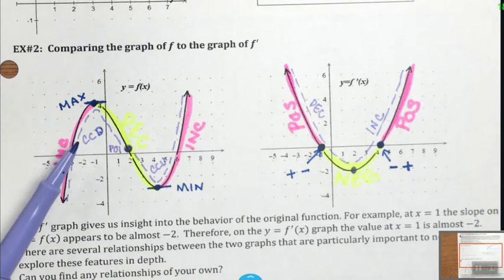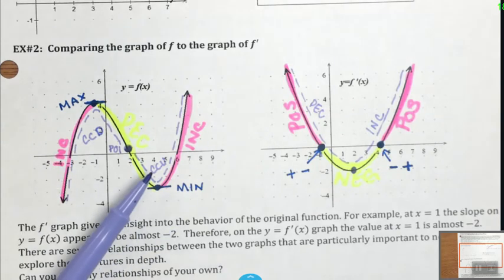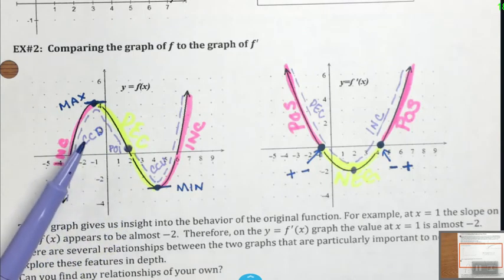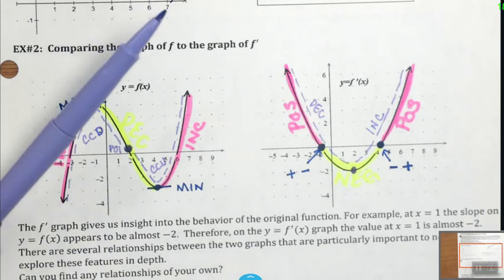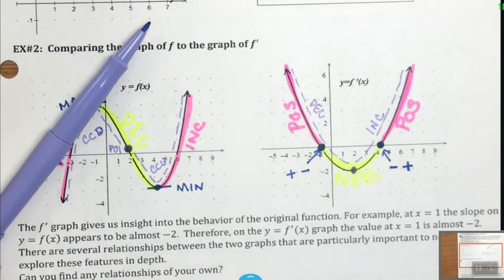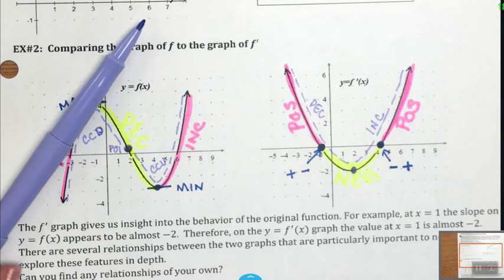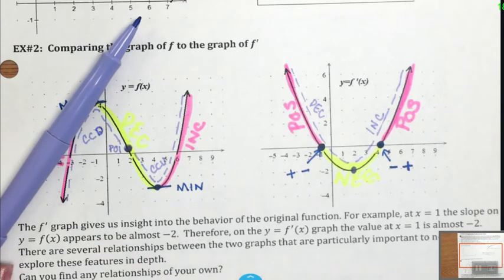Do you know the definition of concave down and the definition of concave up? So concave down graphs, if you draw a tangent line on any part of a concave down portion of the function, the tangent line's going to lay on top of the curve.